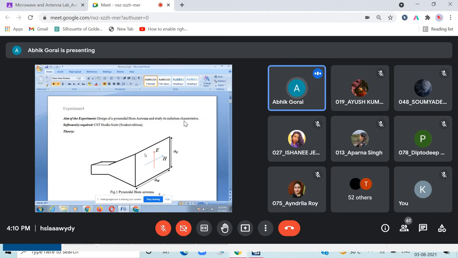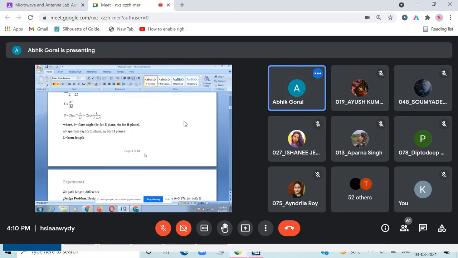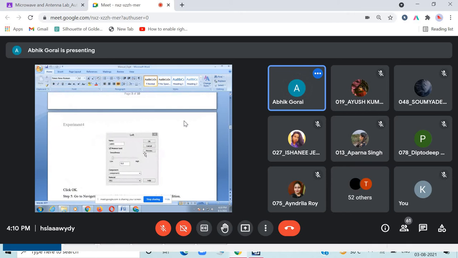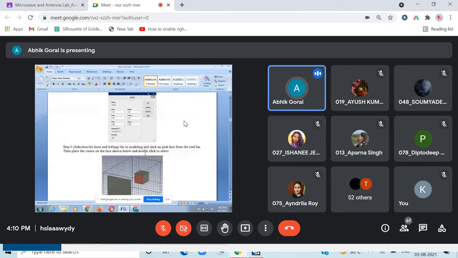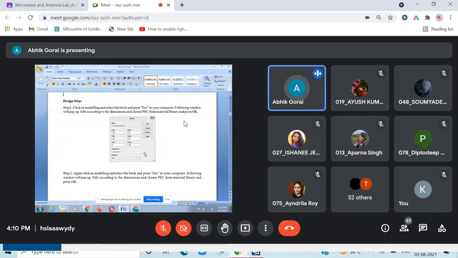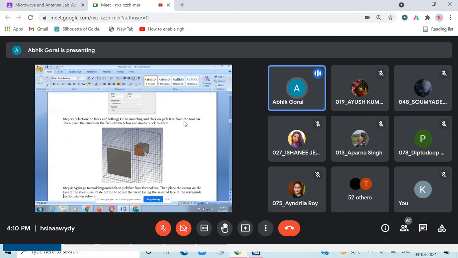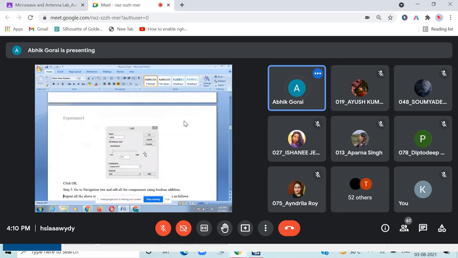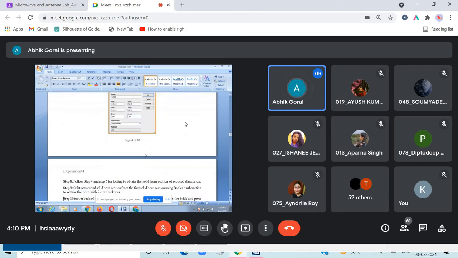find its radiation pattern. You can see the steps. Some of the notable things I wanted to say: first of all you have to create a block. Let me show you.